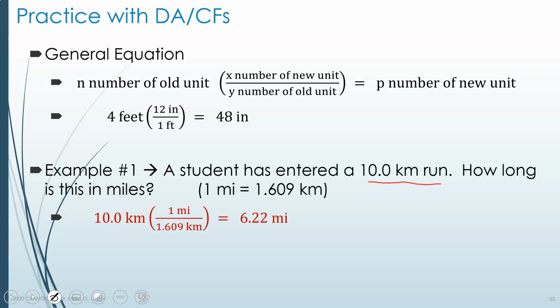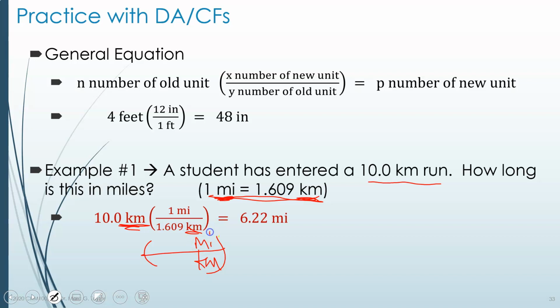Do we have a way to go right from kilometers to miles? Well, yes, we do, because we have a conversion factor that directly converts kilometers and miles, or miles to kilometers, either way. And now we build our conversion factor. We start with our parenthesis and our line. We know we're starting with kilometers, so they're on the bottom. If this was on the top, we put 1 on the bottom.